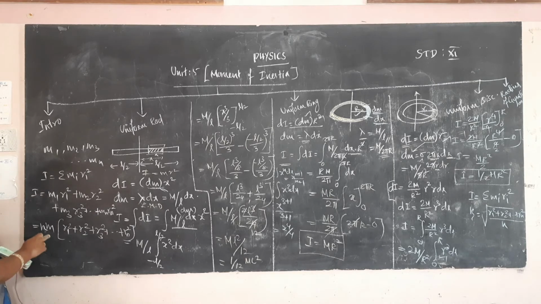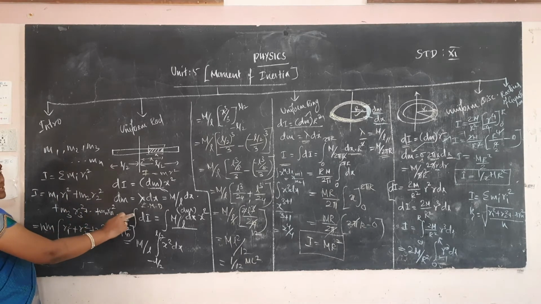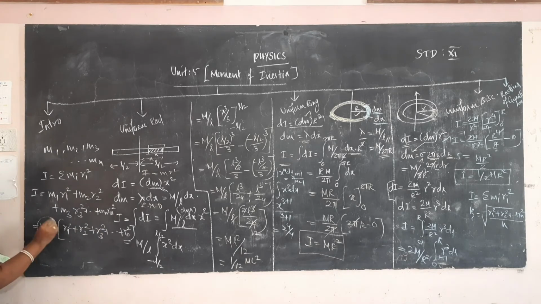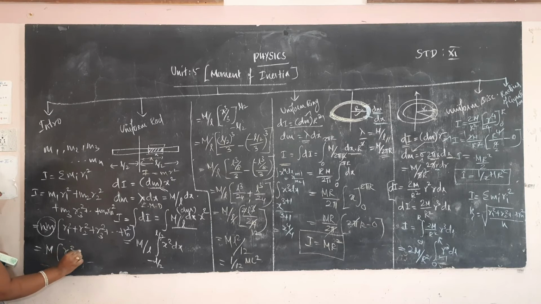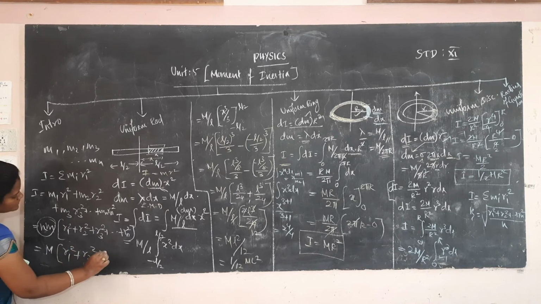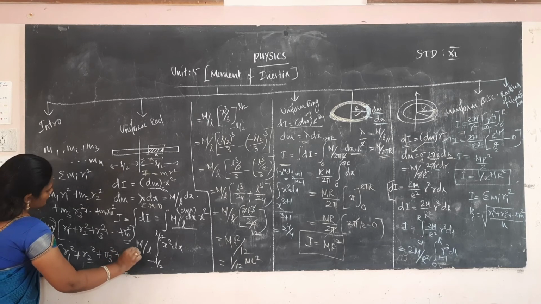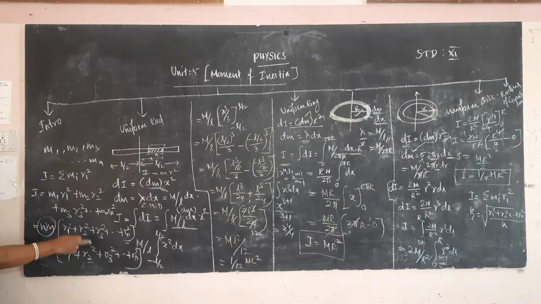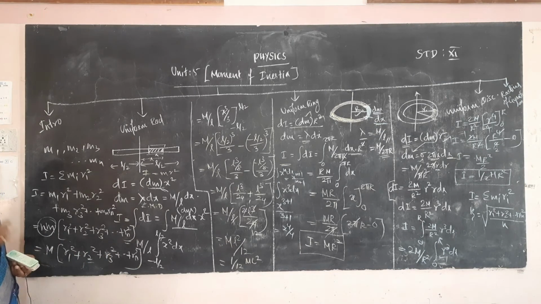So n times m is mentioned as capital M, the total mass. And r1 square plus r2 square plus r3 square up to rn square involves the radii of all the particles in the rigid body.